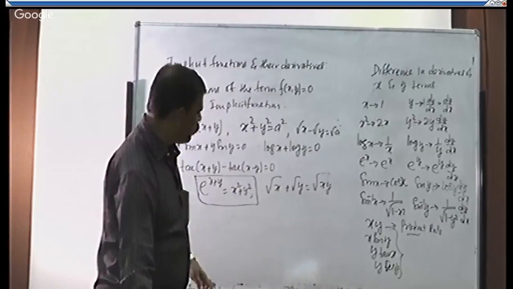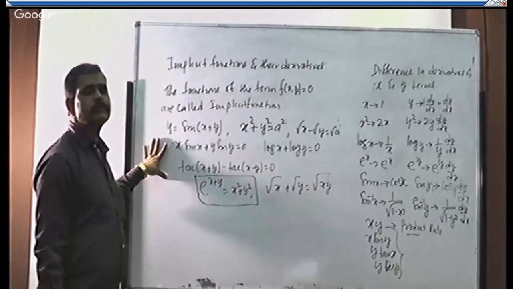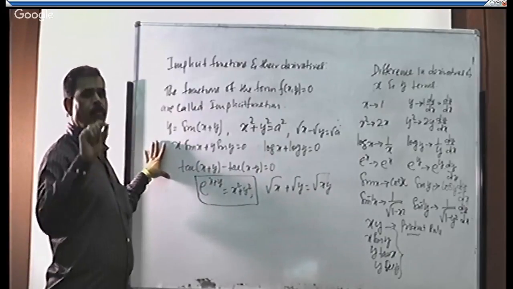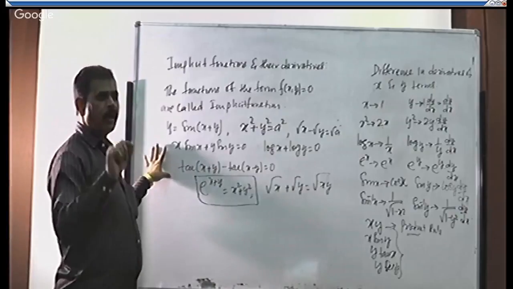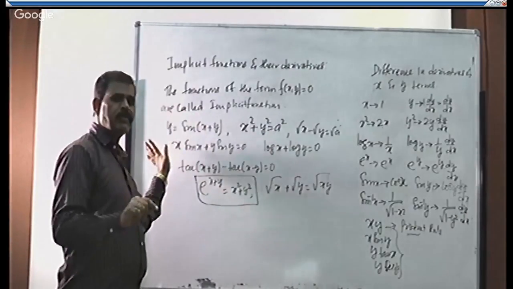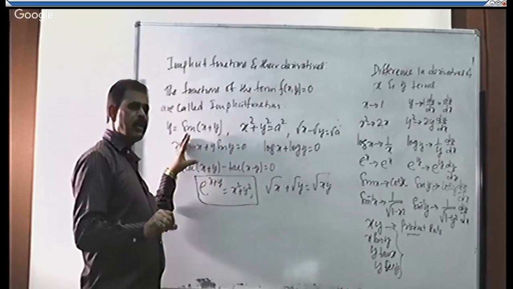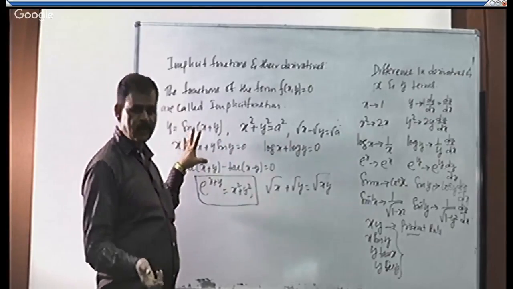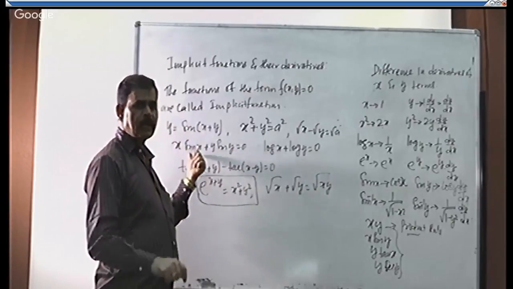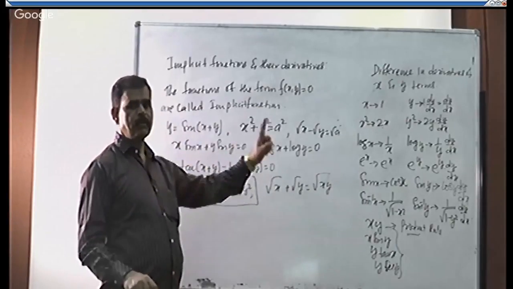Okay. To get the differentiation, first thing, we have to differentiate every term. While differentiating, if you have x term as well as y term, you differentiate it separately. Differentiate x term. We know the differentiation of x term. Y term has to be differentiated similar to x term, but at the end we have to write dy by dx.